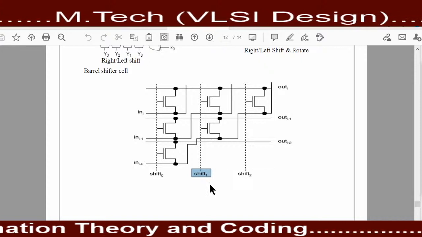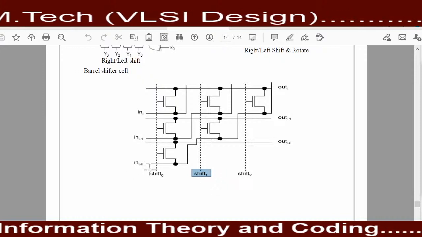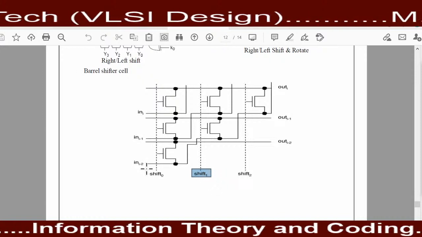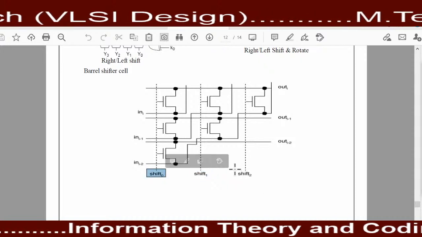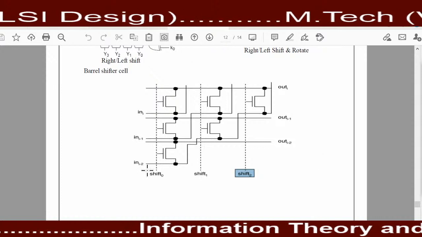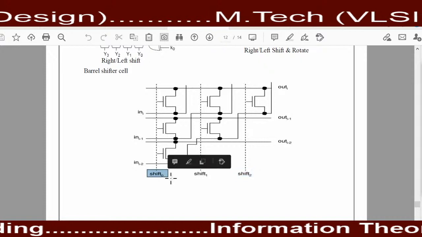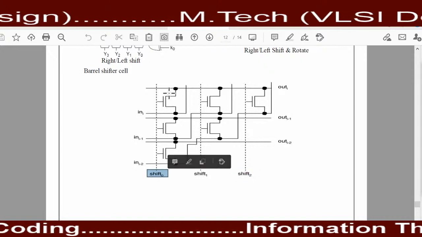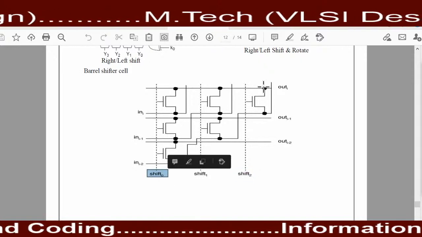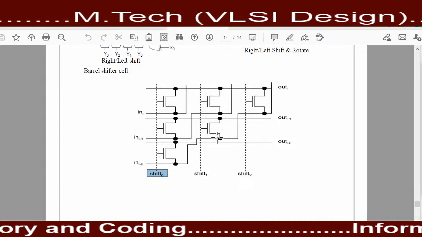When I want to shift my data by 1 bit, at that time I only provide the shift 1 operator as 1, and I will provide the values of shift 0 and shift 2 as 0. So when shift 2 and shift 0 are 0, these three MOSFETs and this one won't work, and only these two gates are in working condition.